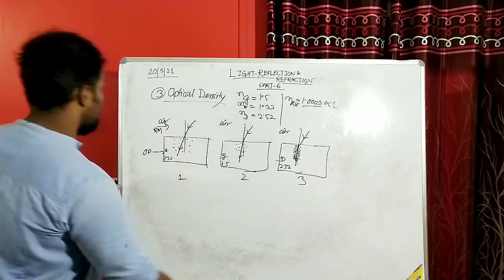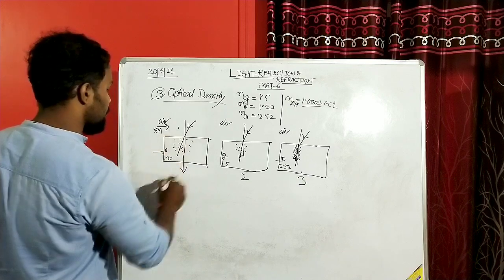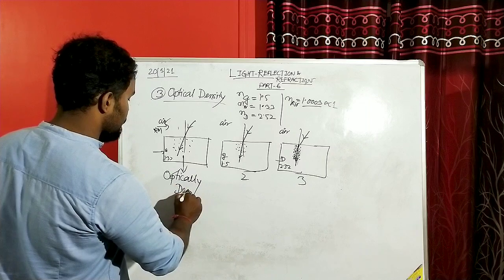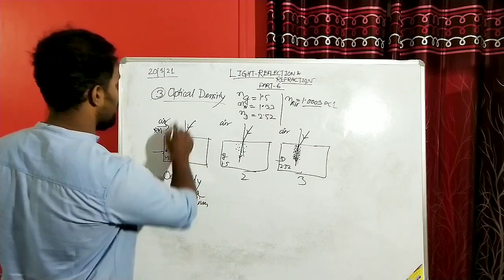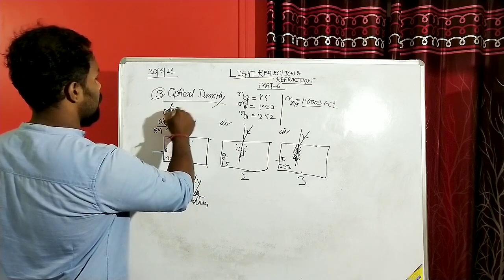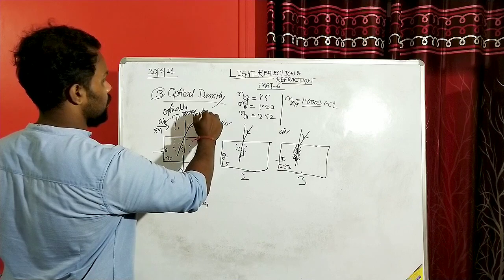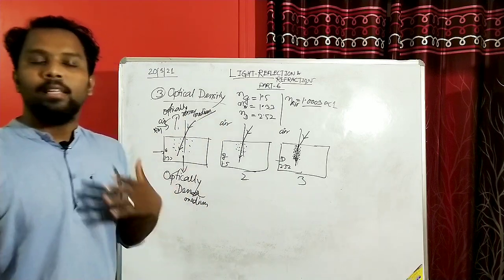I have to write it down properly. This medium compared to this medium is known as the optically denser medium, and this is known as the optically rarer medium. This is the concept of optical density.